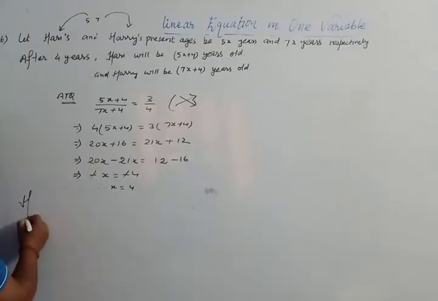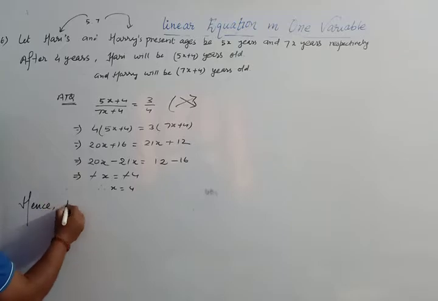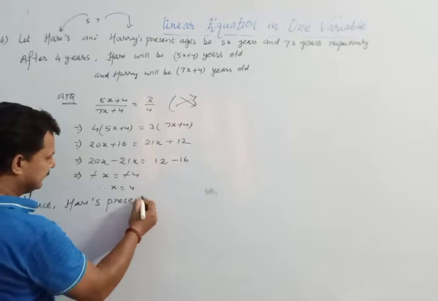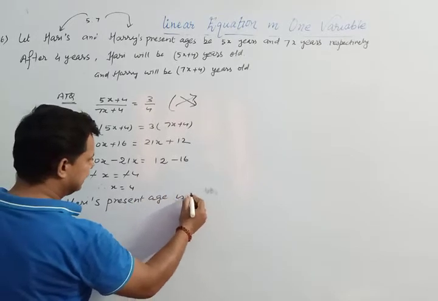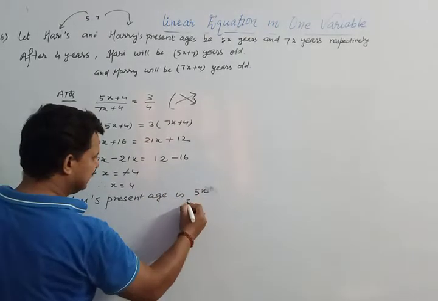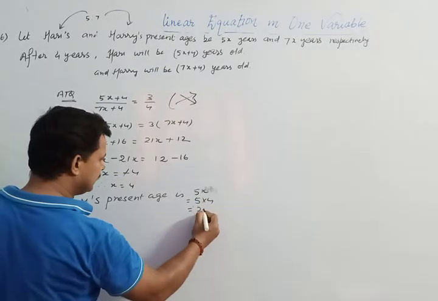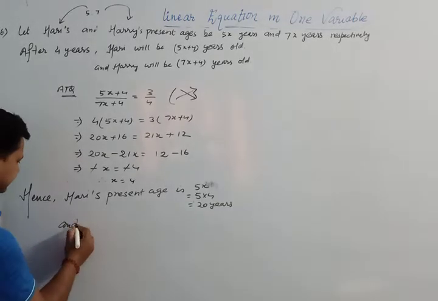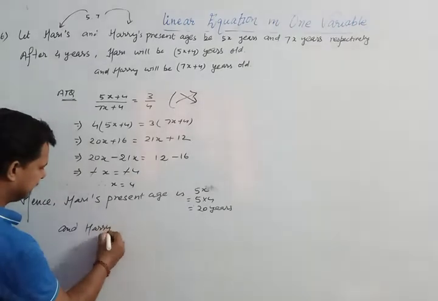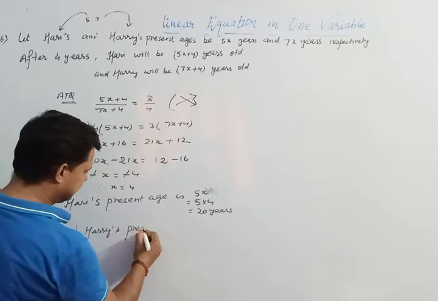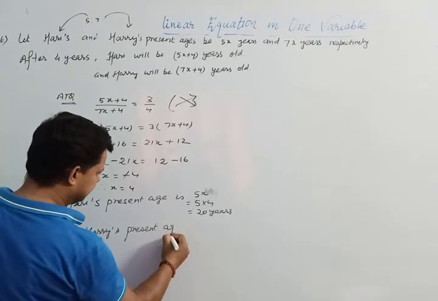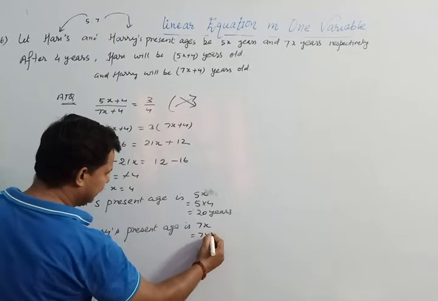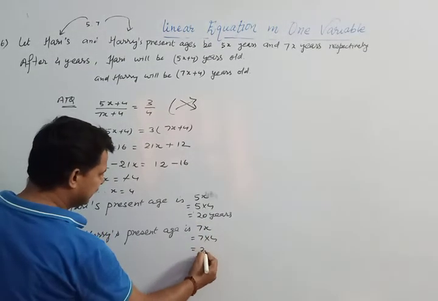Hence Hari's present age is 5x, which is 5 into 4, equal to 20 years, and Harry's present age is 7x, 7 into 4, which is 28 years.